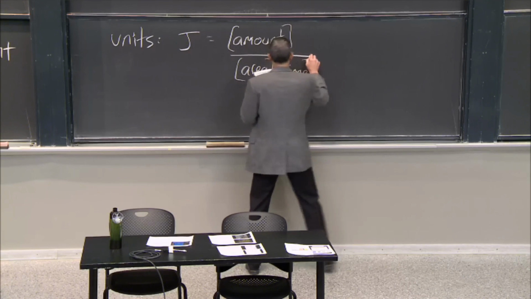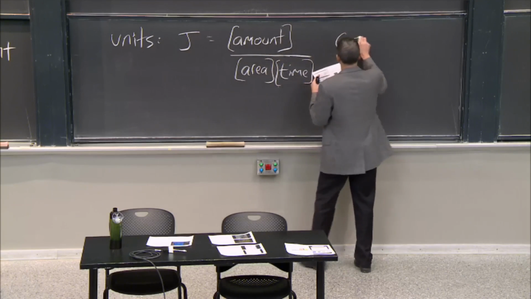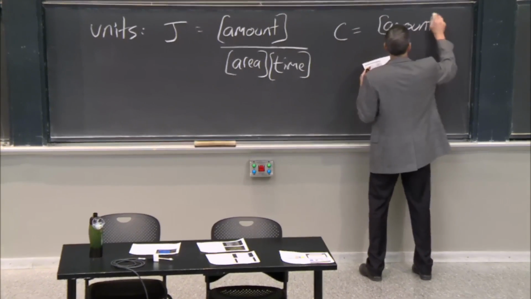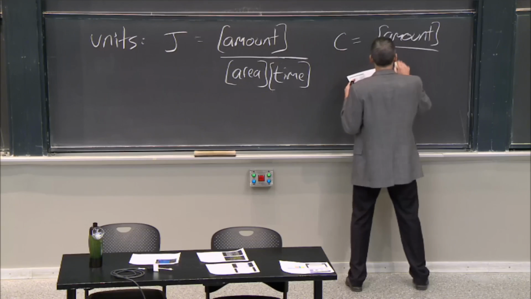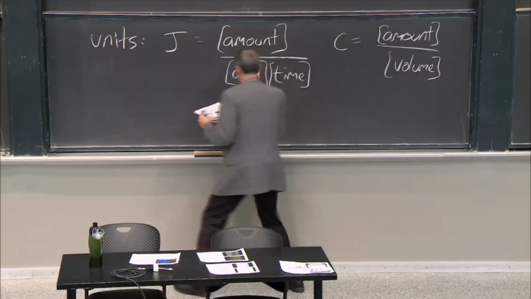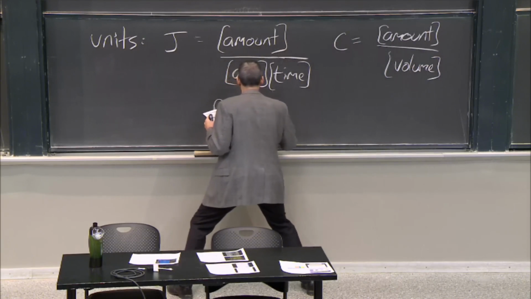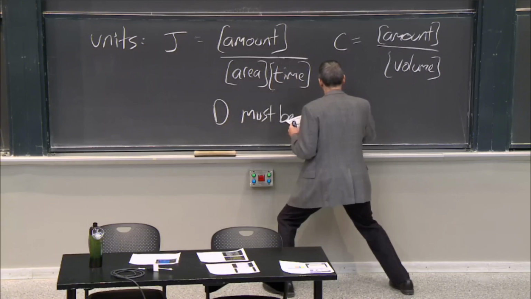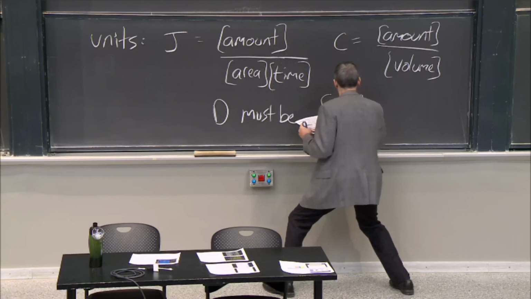So if the units of C are an amount, I stayed with grams, over a volume, then you can see right away that the diffusion constant must be area over time.